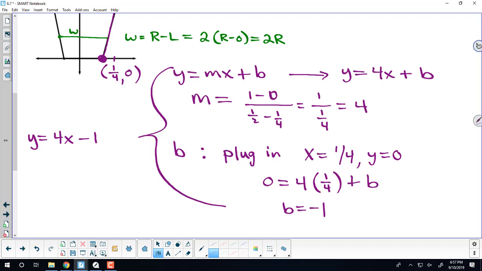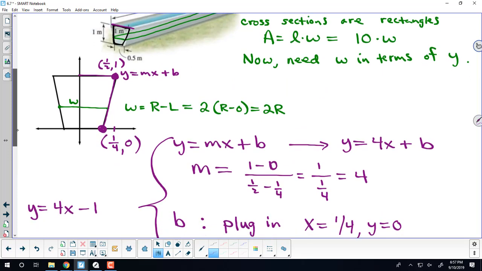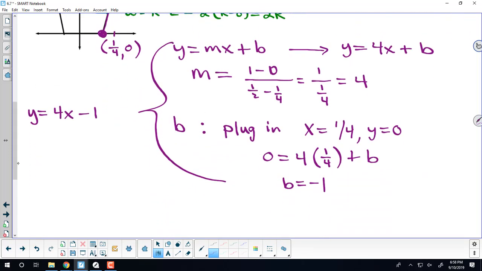Any questions on that? So hopefully you see the comparison to what we were looking at in like 6.3 and 6.4, especially. But as we noted earlier, we need the width in terms of y. So we're solving for x. I'll just go ahead and write this in green.